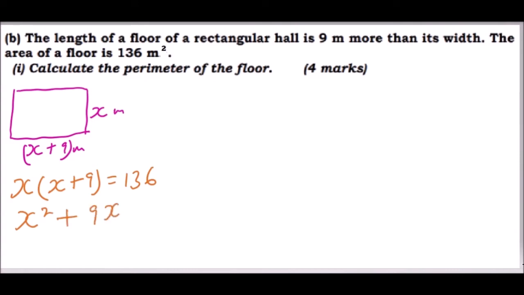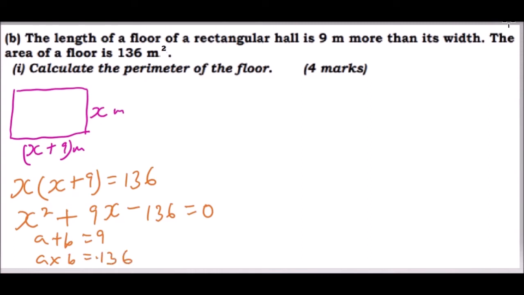We bring 136 to the left hand side, we get x squared plus 9x minus 136 is equal to 0. This is a quadratic expression, and we can get two numbers such that when you add them you get 9, and when you multiply them you get minus 136.